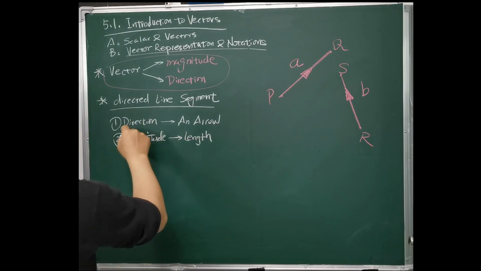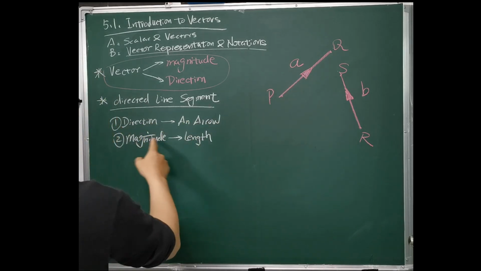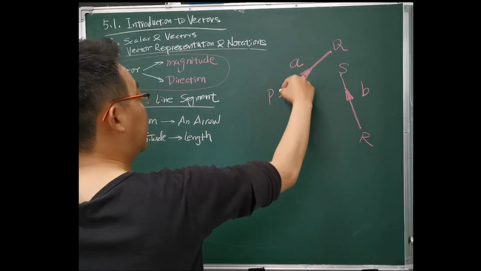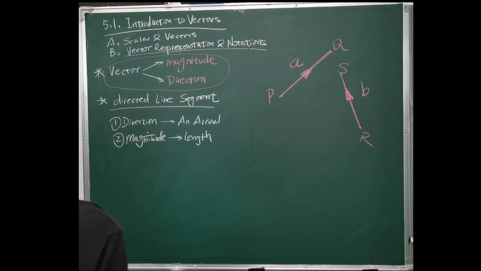So basically we have two things. Direction, use the arrow. Magnitude, use the length.